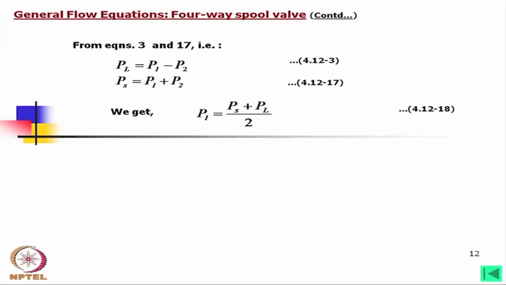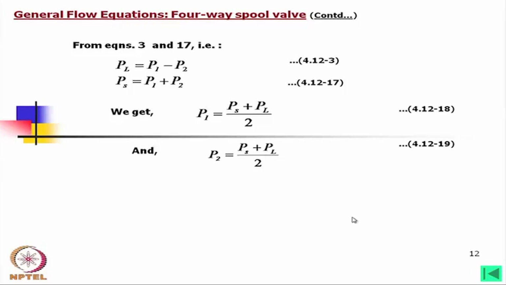These are matched and symmetric, and in that case we find P1 is equal to (PS plus PL) by 2. That is why I told that if system pressure is 10 megapascal, the other one will be half of that.